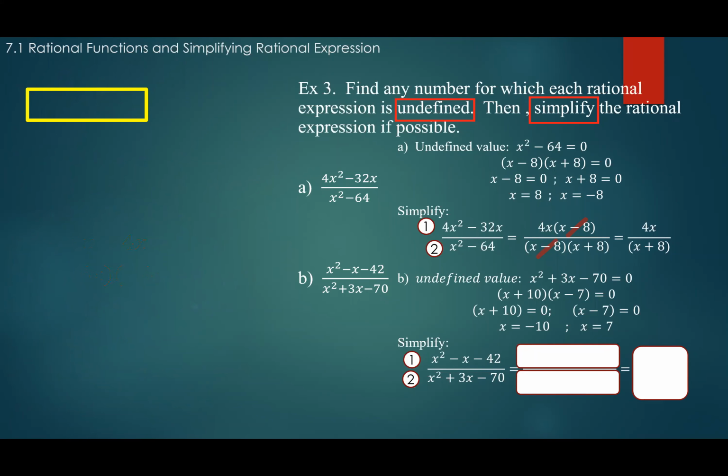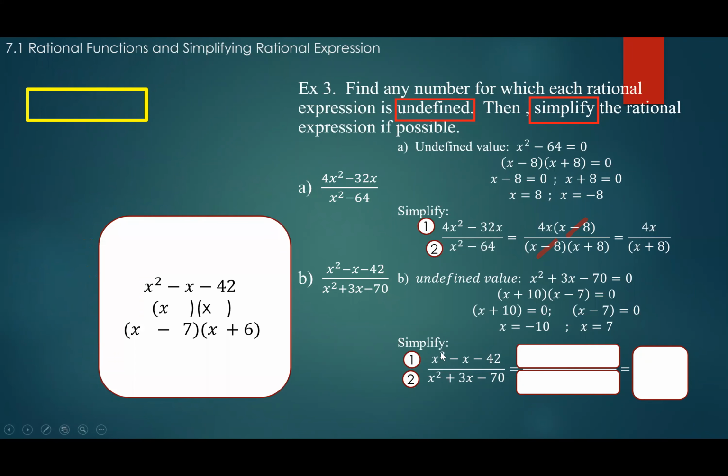Do you agree that on the numerator, x squared minus x minus 42, we need two numbers multiplied together to give me 42, but subtract to give me 1x? If there's no number in front of the x, it's assumed to be 1.